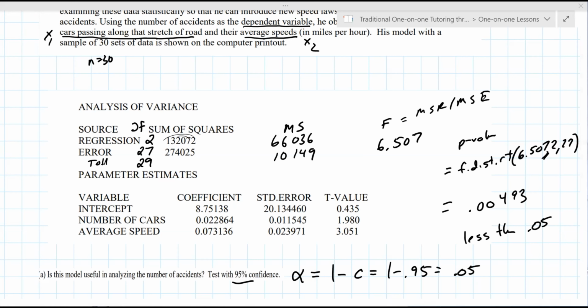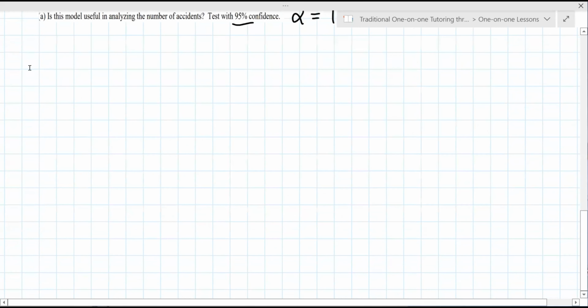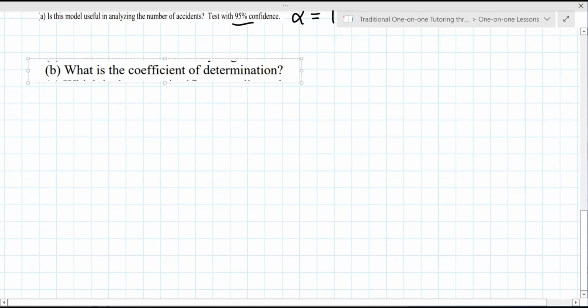So part B is the coefficient of determination, and shoot, they do not give us that. Darn. Okay. So to do the coefficient of determination, there is a formula for that. So that's your R squared. And I want to look that up.